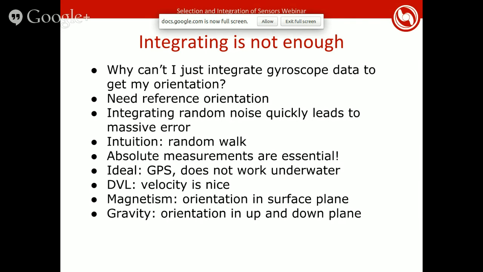And then if you want to know your orientation in the up and down plane, gravity also gives you an absolute orientation. You can look at the accelerometer readings and ask, which way is the gravity vector pointing? If it's pointing straight down, well, I'm not pitched or rolled. If it's pointing in some other direction, I can do some trigonometry to figure out where exactly I am in relation to down, which essentially gives you your orientation.